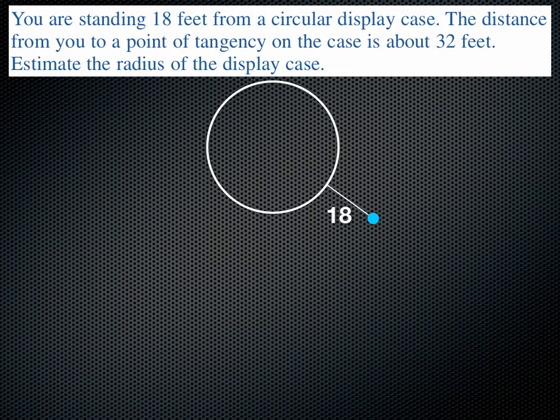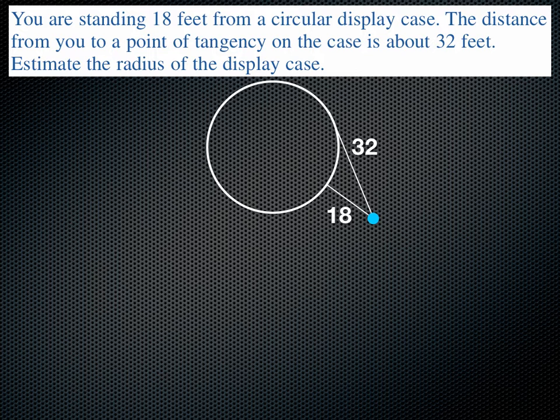So you are 18 feet away from the circular display case. It tells us that from you to a point of tangency on the case is about 32 feet. So go ahead and draw a point of tangency from you to the display case and mark it 32 feet.